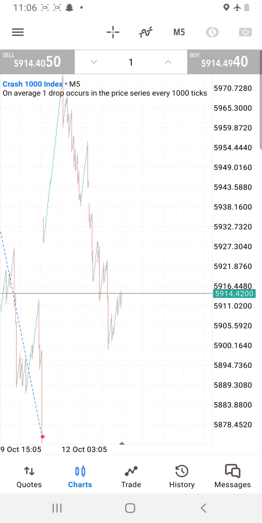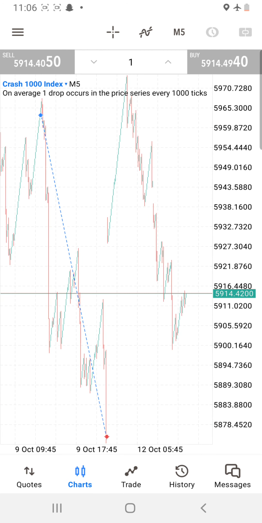You can apply this strategy on all of these indices, and you just have to be using your 5-minute time frame for your analysis, because you're going to be catching short trades. Remember, I said this is the spike catching strategy, which means you're actually supposed to exit after a spike, but because we're also going to be using it to trade ticks, then you can even hold for a little bit longer and try and catch those small movements that happen in the market. This is what we want to do.